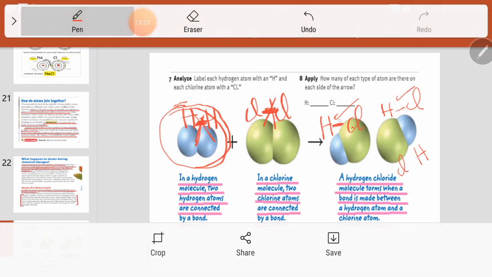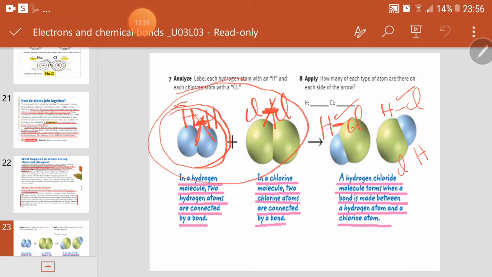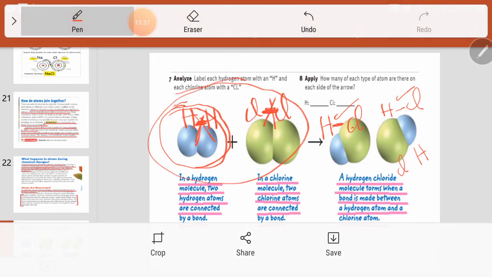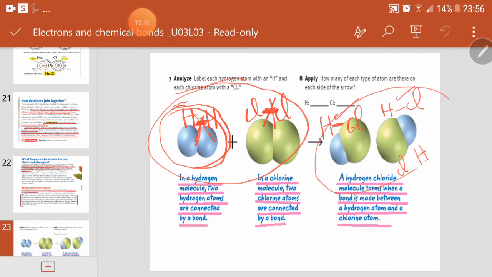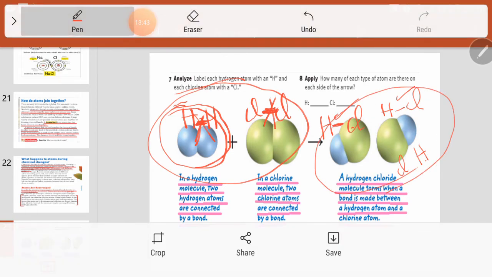So they want us to count how many hydrogen atoms were there in the beginning, in the starting materials, or how many hydrogen atoms were there in the products.